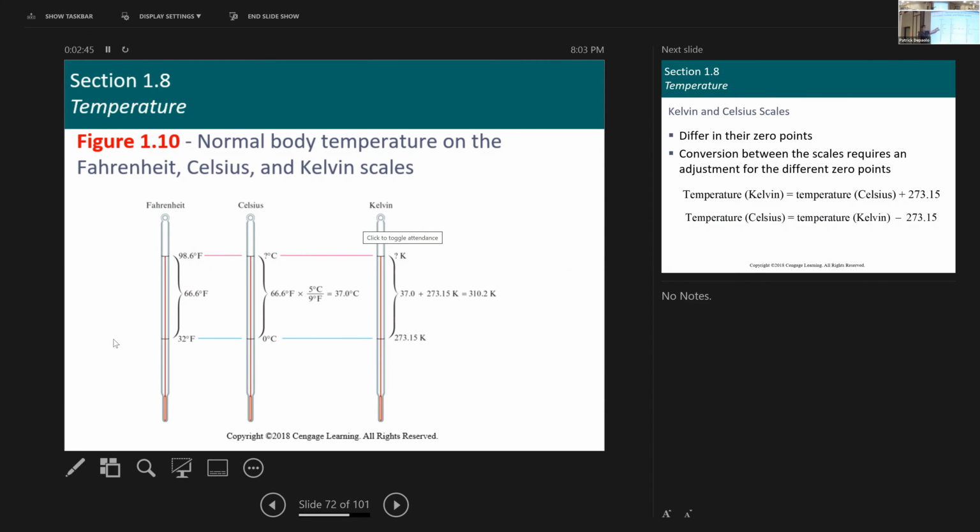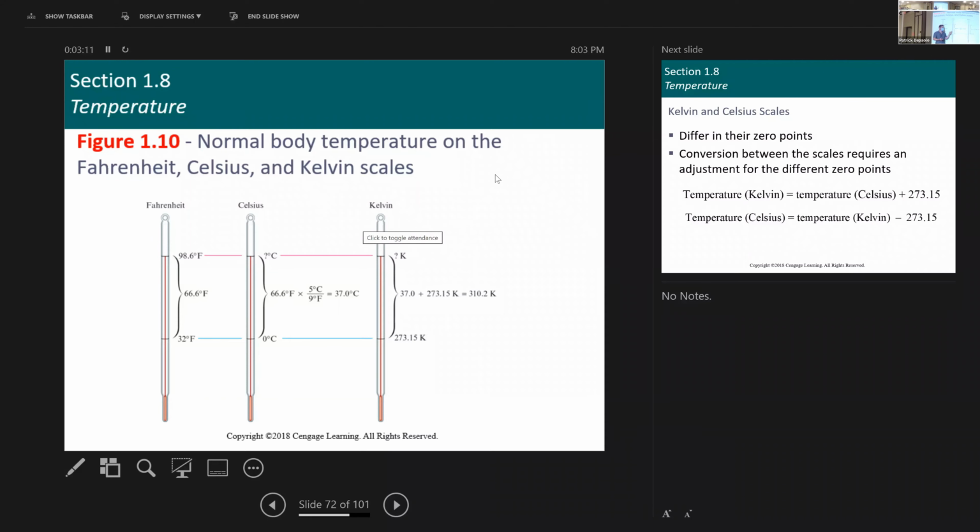Whereas the Fahrenheit to Celsius conversion is a lot more complicated. You divide your Fahrenheit number by 9 degrees Fahrenheit per 5 degrees Celsius, because that is the ratio of the units. So 5 degrees Celsius is equal to 9 degrees Fahrenheit. So each Celsius degree is more heat than each Fahrenheit degree, in essence.